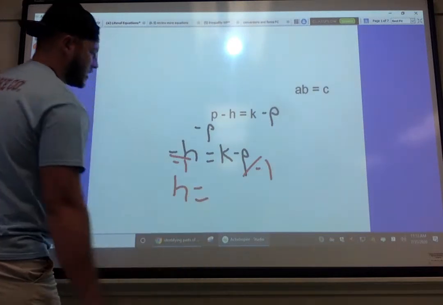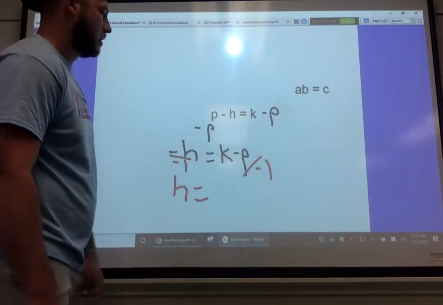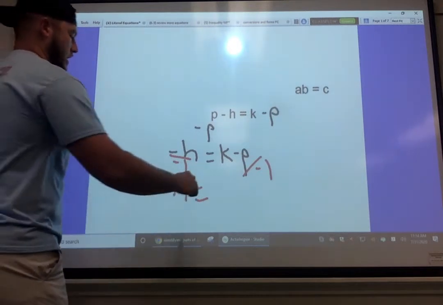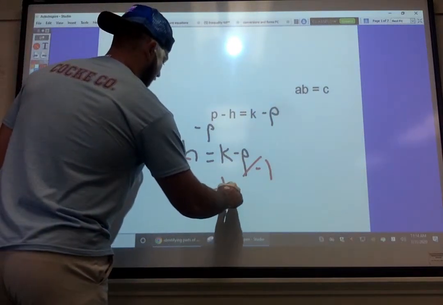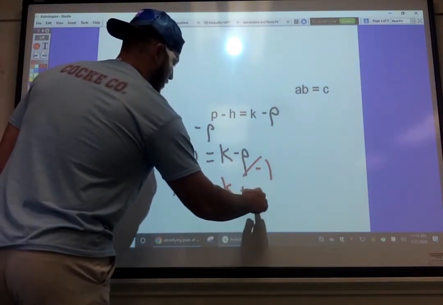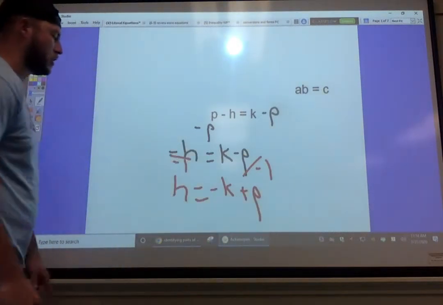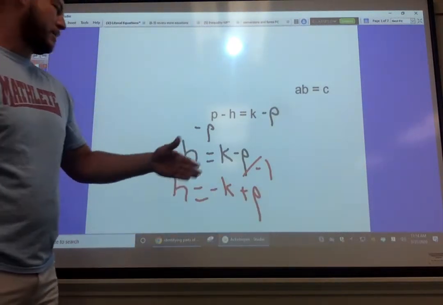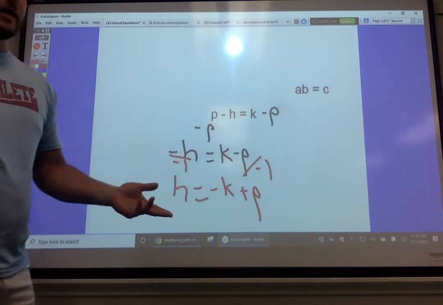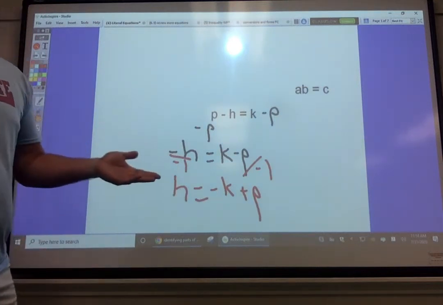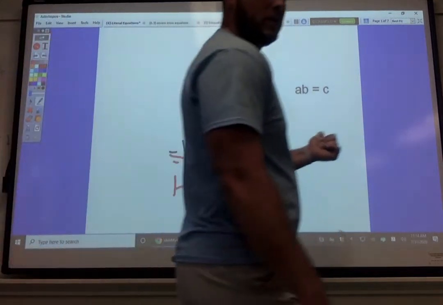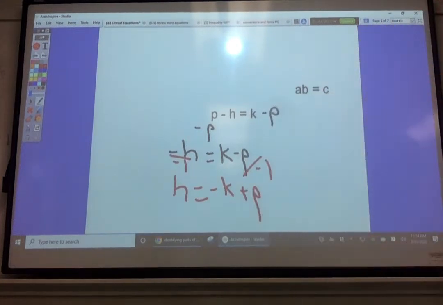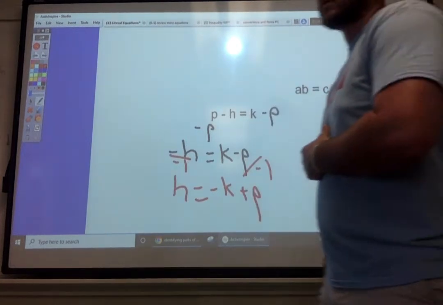And essentially all that's going to do is just change the signs of our k and our p. So that now becomes negative k plus p, right? You could have also written p minus k. That'd be the same thing. It doesn't matter what order you would write that in. Right? So now we have solved for h. So let's keep moving forward and see what else we got.